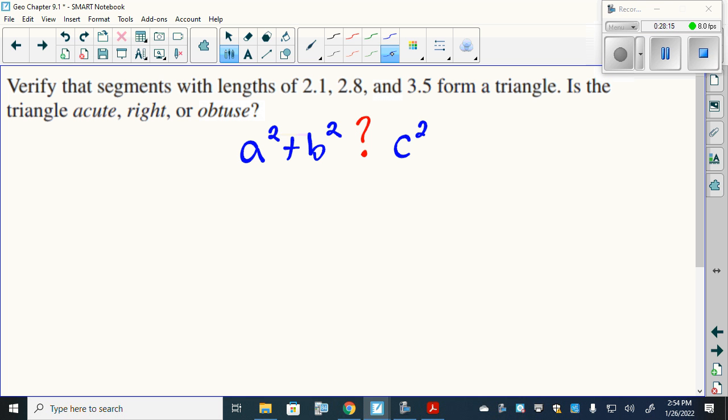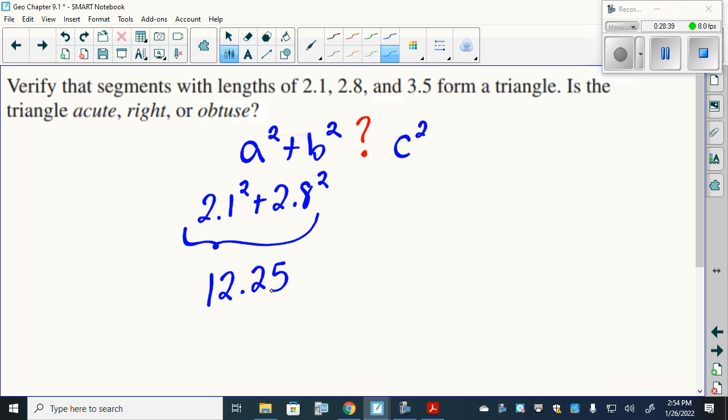So a squared plus b squared is 2.1 squared plus 2.8 squared, which gives us 12.25.